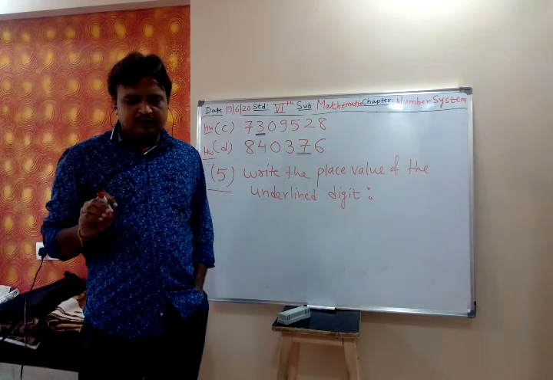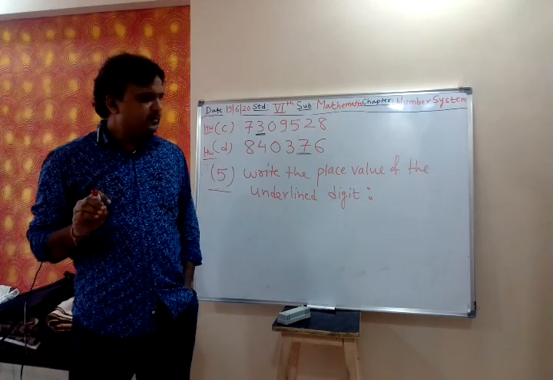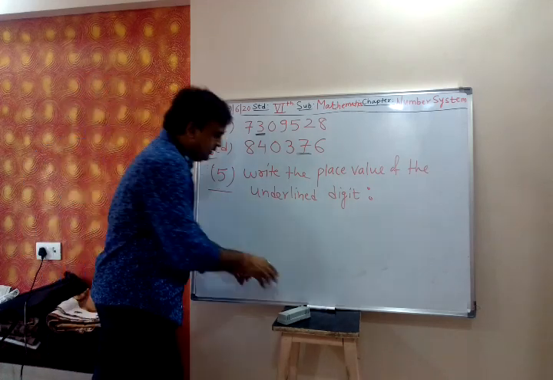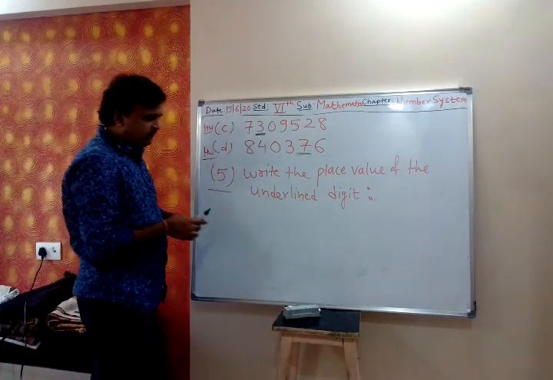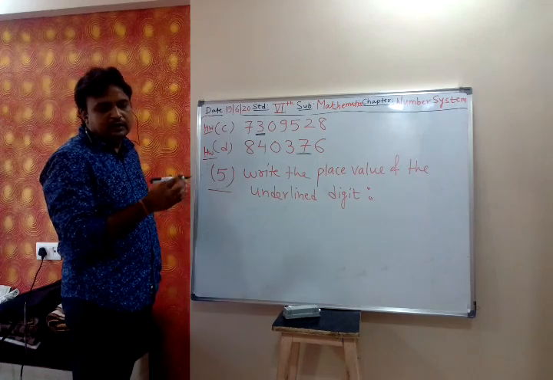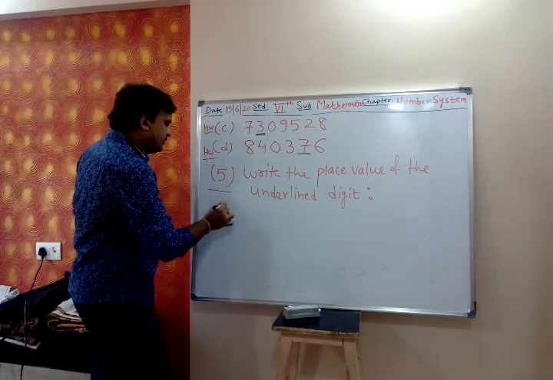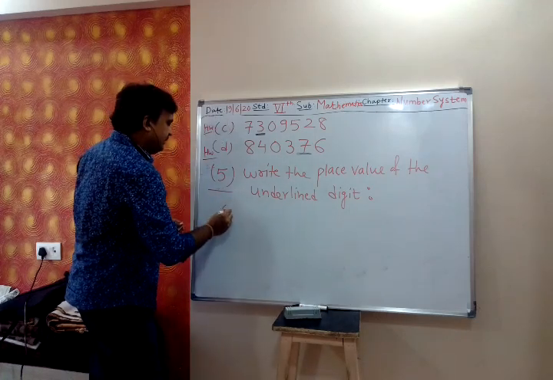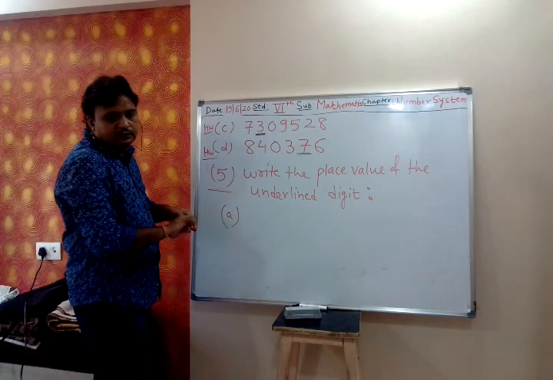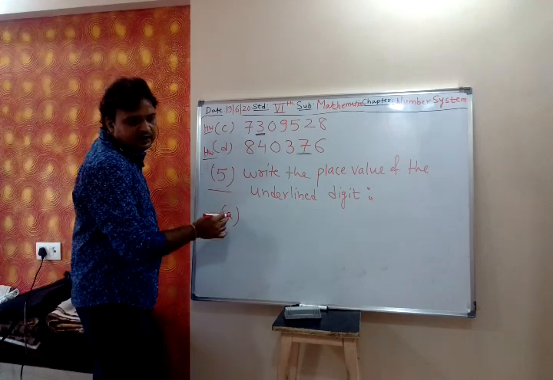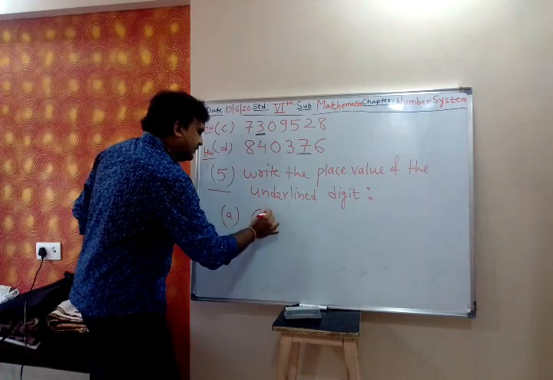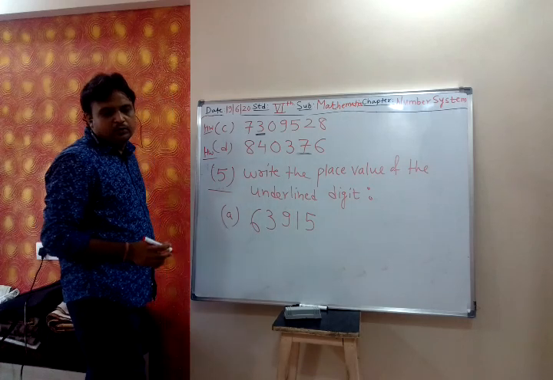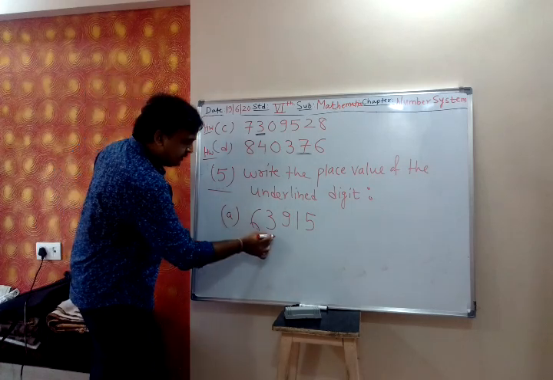Write the place value of the underlined digit. Now we have to write the place value. Earlier it was writing the place. Now it is place value. So first it is 63915. This is the number given. What is the place value of 3? 3 is underlined.